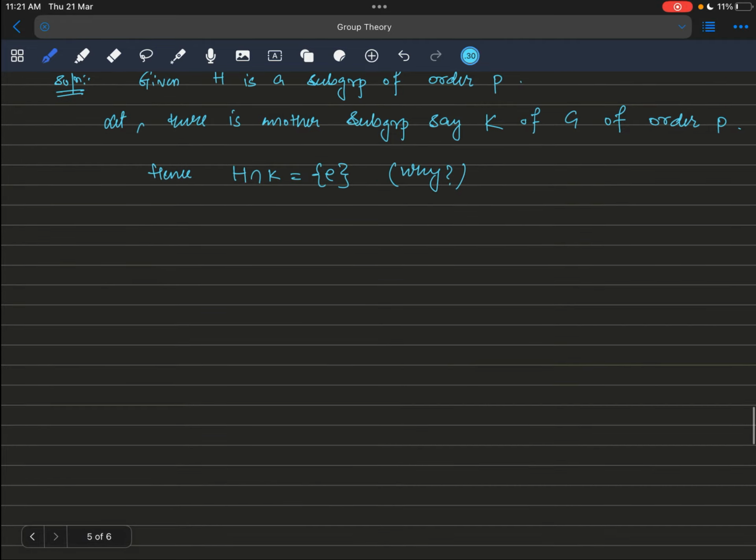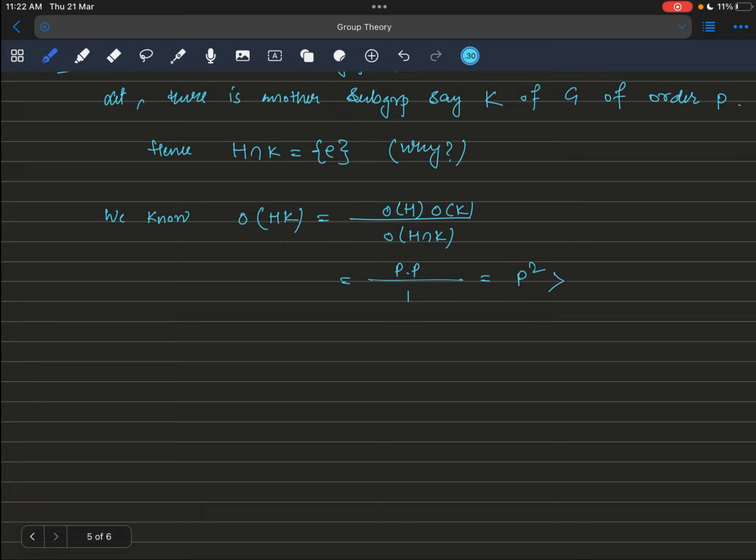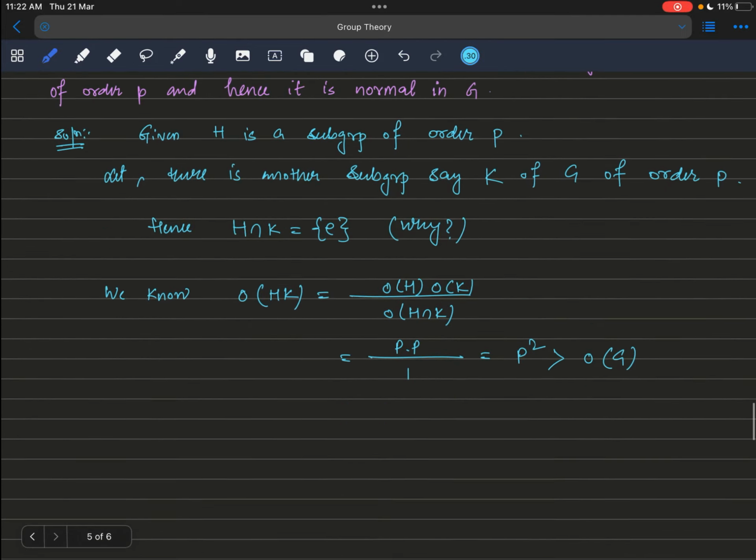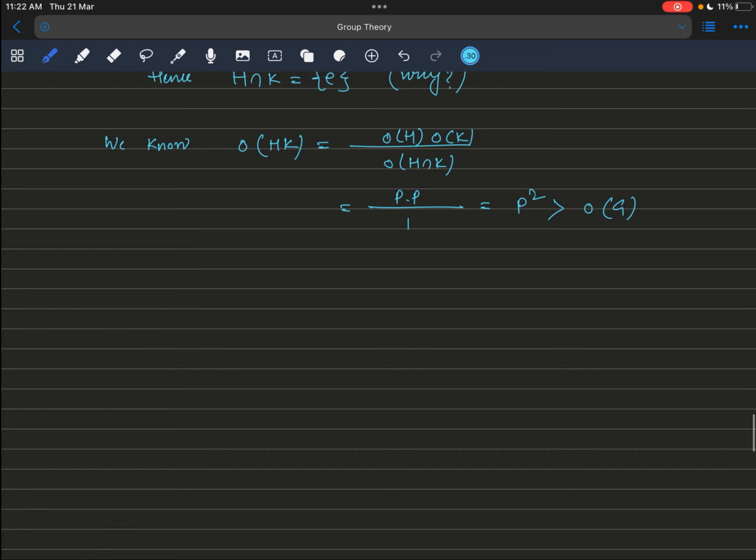Okay, fine. And we know the order of HK equals order of H times order of K by order of H intersection K, which is nothing but p times p over 1, that is p squared. Fine. And which is greater than the order of G, as we are given.